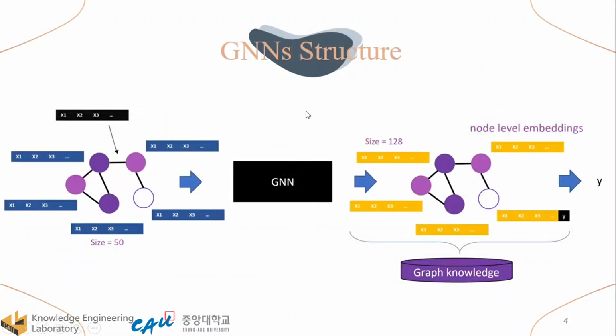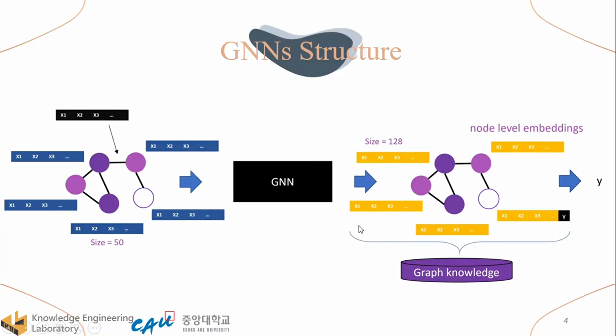So this is the graph network structure, which consists of the input data graph that we have, made of nodes and edges. Each of the nodes has its own input feature vector, which represents its own properties, and the edge itself has a vector to represent it too. So we input this data graph into a GNN structure to output a node level embedding for each of the nodes.